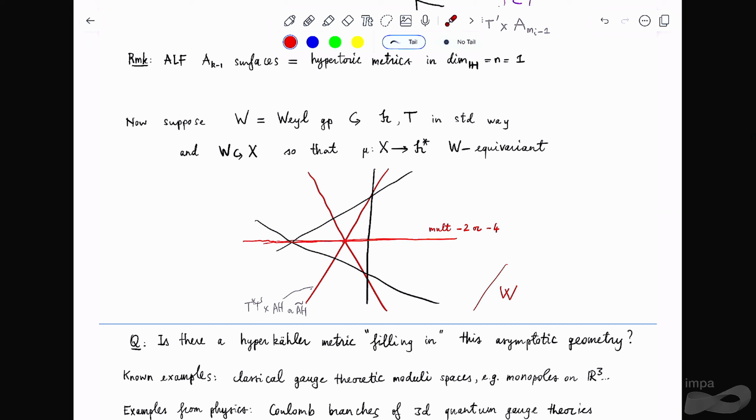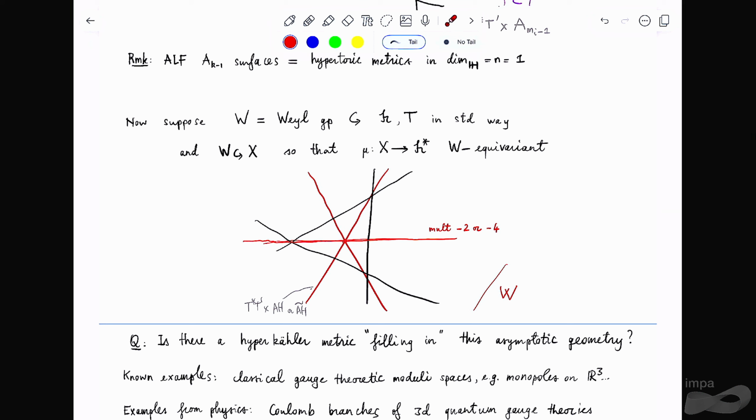Right, and then this gives some cartoon of some hyperkähler metric away from all the multiple intersections of these hyperplanes.